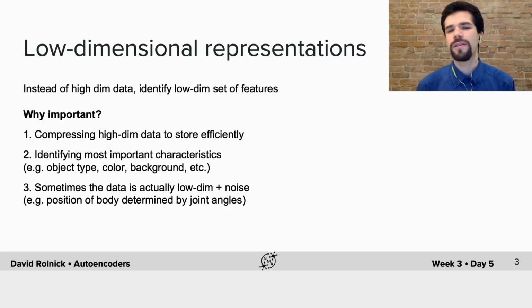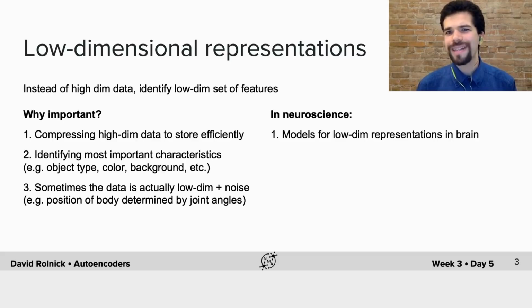Why would we be interested in this kind of thing as neuroscientists? Well, two reasons. One, because the brain itself has low-dimensional representations. We use low-dimensional representations in how we think. It's clear from the example of the puppy that I do a better job of thinking about a picture in terms of what is in the picture, as measured by a very low-dimensional set of features, rather than the exact pixel values of the picture.